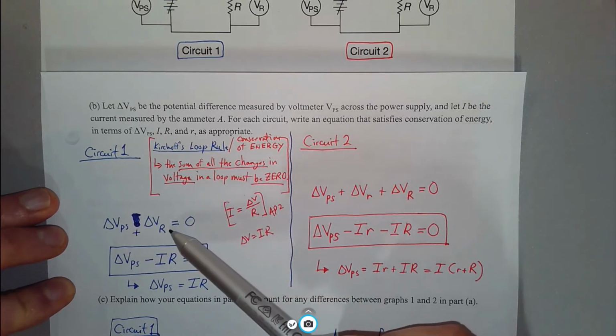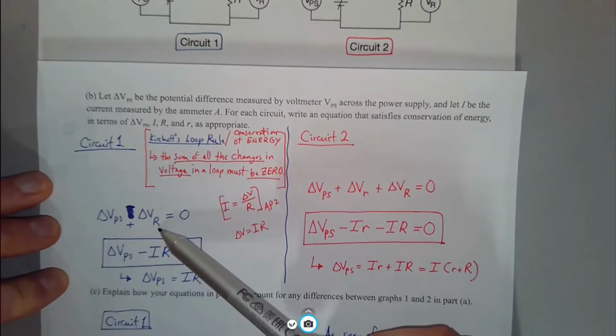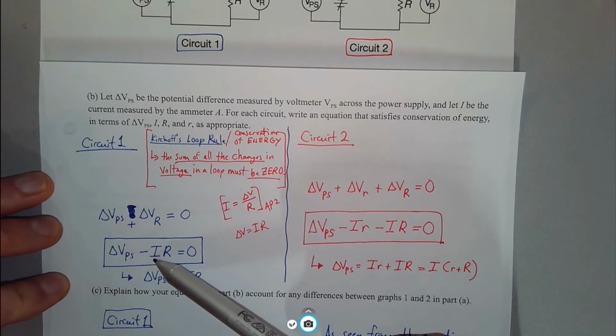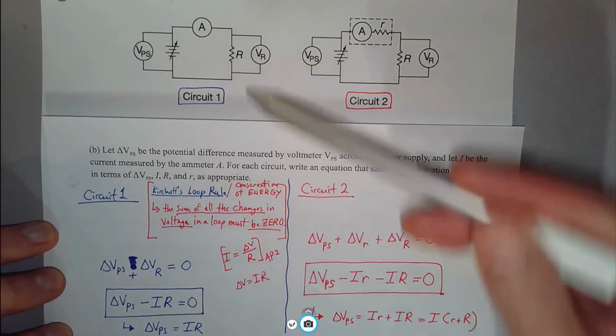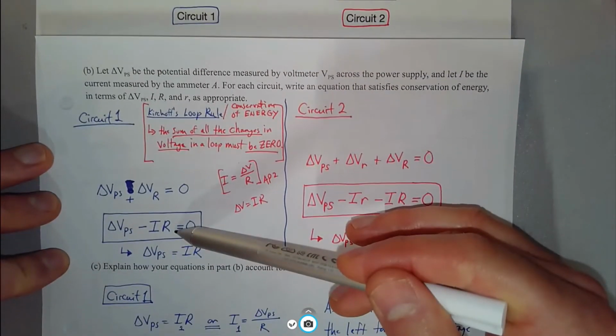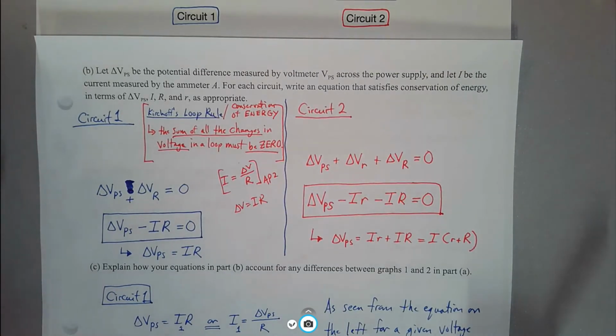So the change in voltage across big resistor R is the current through it times its resistance. I stands for the current through not only the battery, but also through resistor R, so it's just capital I times capital R. And here's our equation that satisfies conservation of energy.